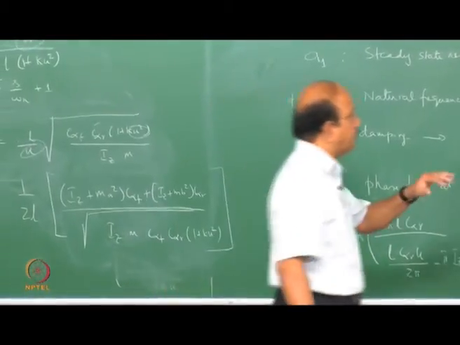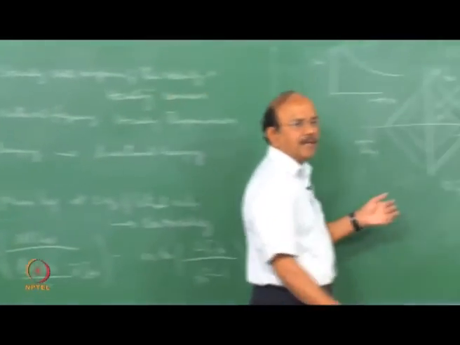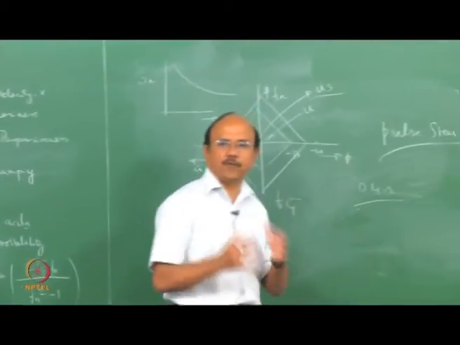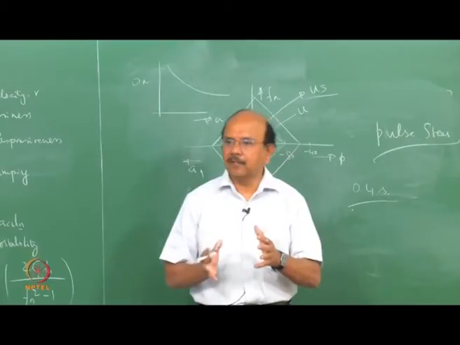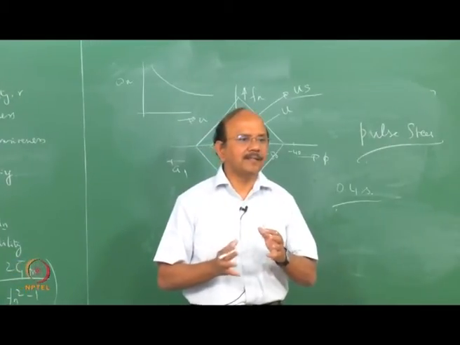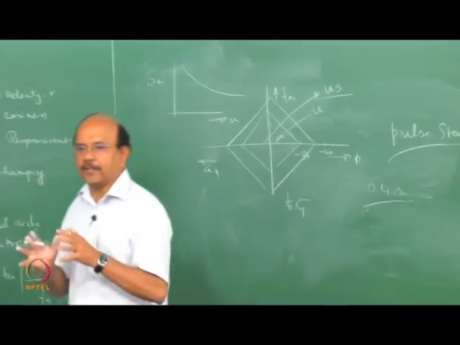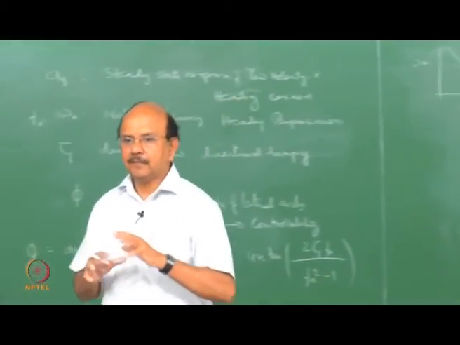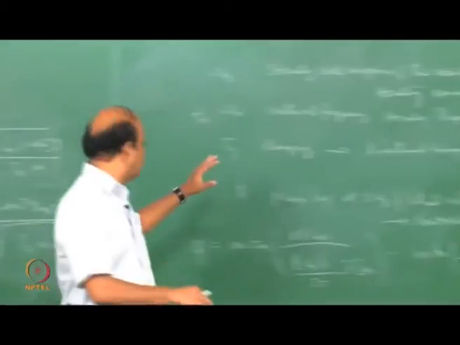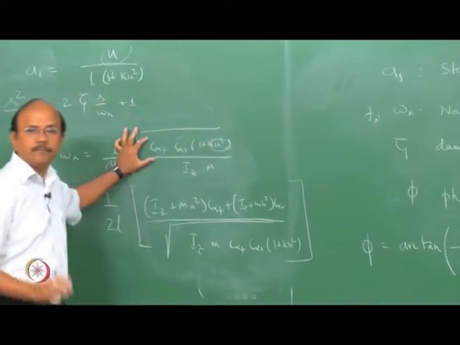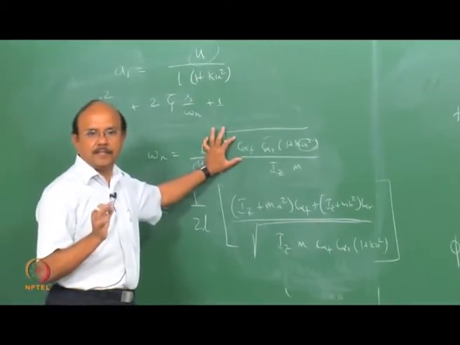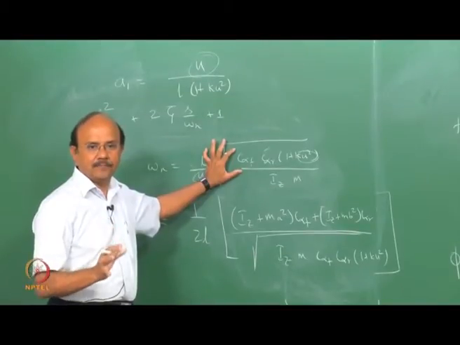So he gave a pulse to the system in about 0.4 seconds. This was done so that the lateral acceleration is in the order of about 0.25 to 0.3, so that the assumption that we made regarding the tires, that they are linear, is valid.